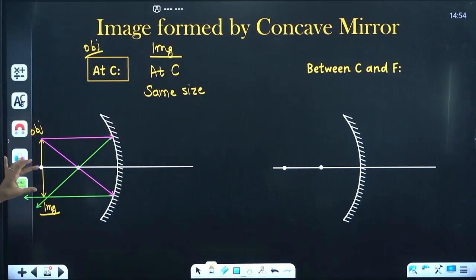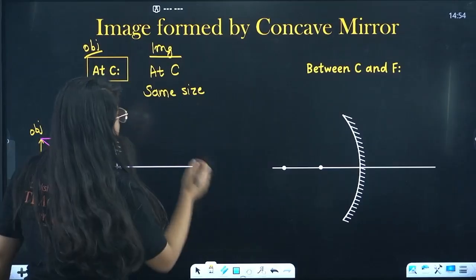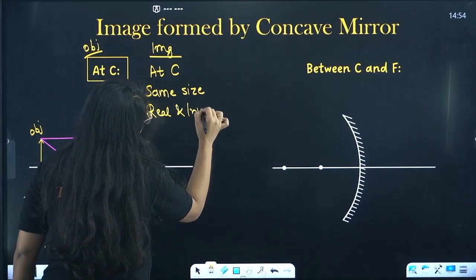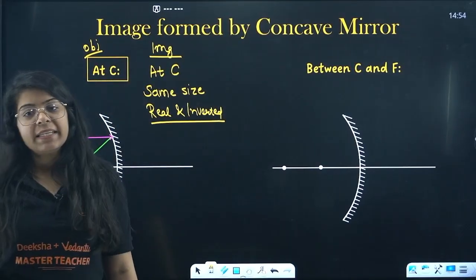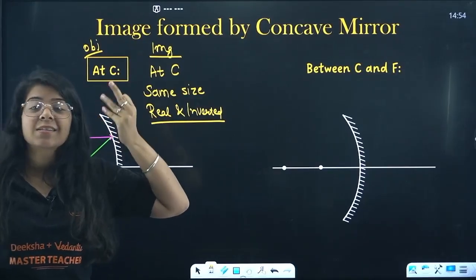The height of this object and the height of this image will be the same, right? And the image will again be real and inverted. Third case, done.